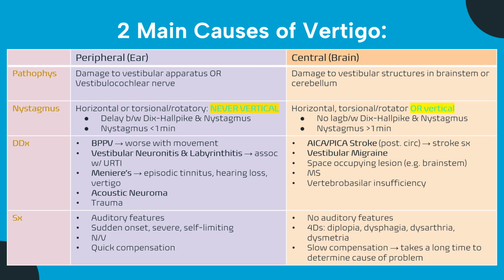Nausea and vomiting, and also a quick compensation as well. So in terms of your central though, there's less likely to be auditory features. You've got your 4 Ds of diplopia, dysphagia, dysarthria, dysmetria, as you can imagine with more of a cerebellar pathology. And you've got a slower compensation.